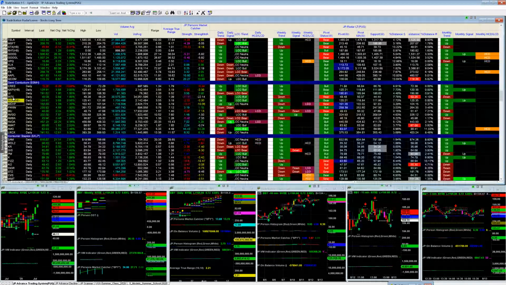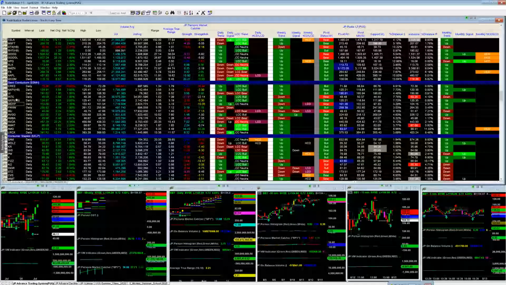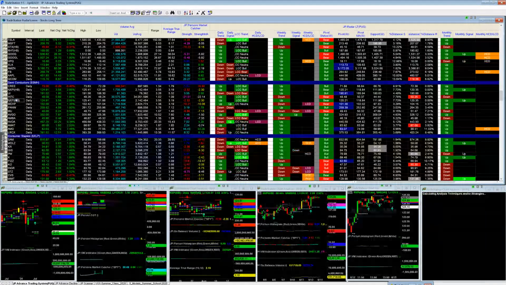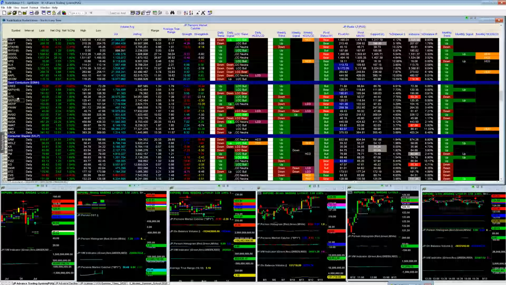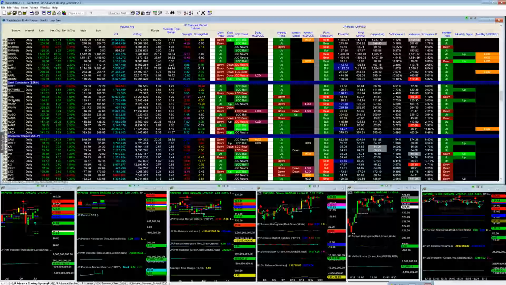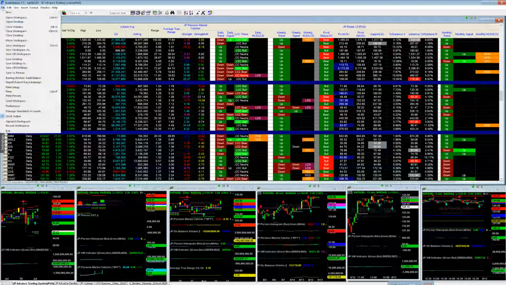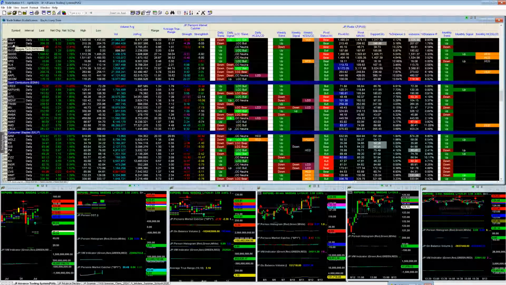There it is. So I just added NXPI. So you have the functionality in this platform or with TradeStation and our work to add a stock. And if you don't want to look at Ubiquity Networks, for example, or if you see that there now are 2 NXPIs, just hit delete, one's gone. Go up to File, and then save any changes that you want to keep.